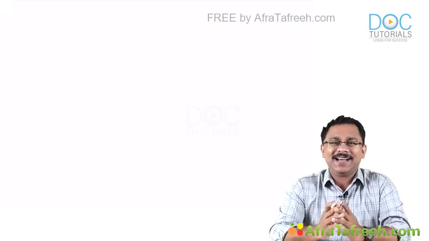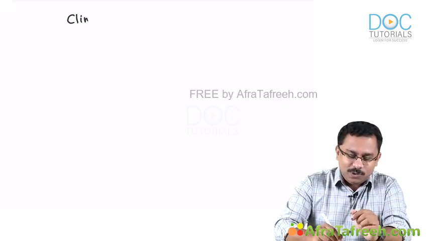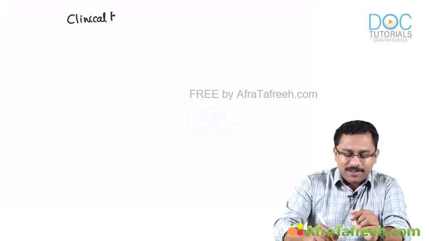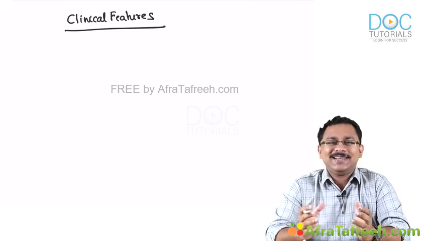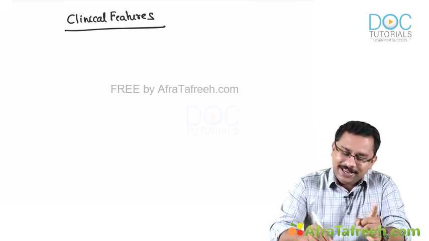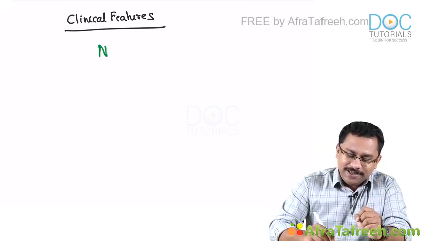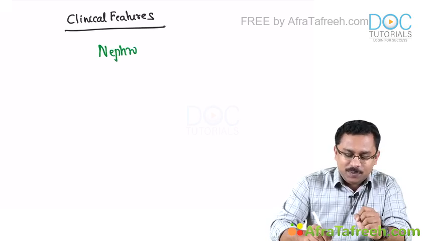Next, after having understood the pathology, let's move on to the clinical features. Since membranous nephropathy is a podocytopathy, it goes without saying that the clinical presentation is with nephrotic syndrome.